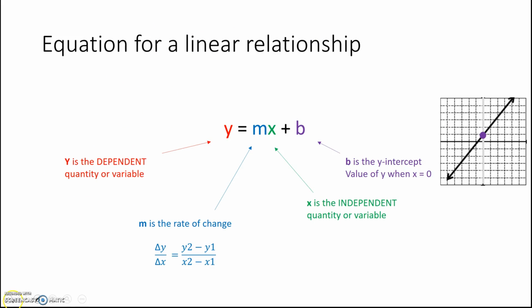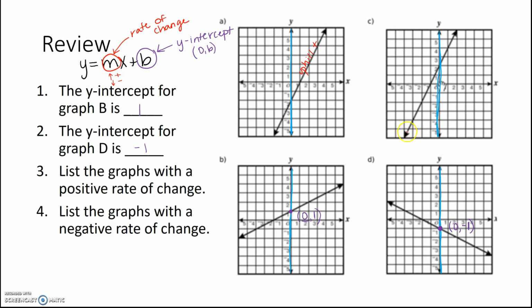This next one, left to right, again is going uphill. So that one's positive. Here, left to right again, I'm going uphill again. Positive. And this one here, I start left to right and it's going downhill.